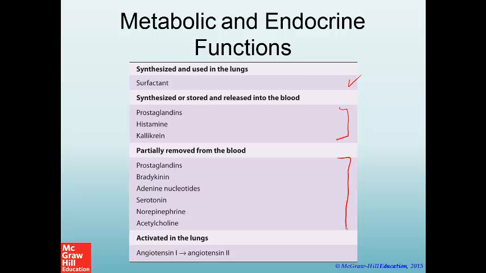There are enzymes in the lungs that can remove things from the blood via metabolism. And then, of course, the renin-angiotensin-aldosterone system activation, conversion of angiotensin 1 to angiotensin 2 by angiotensin converting enzyme, ACE.